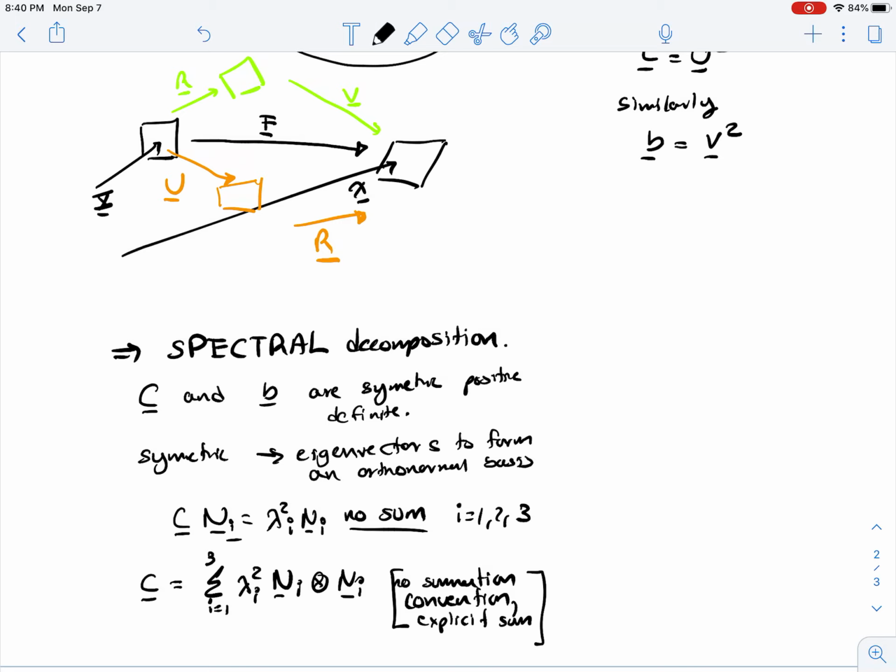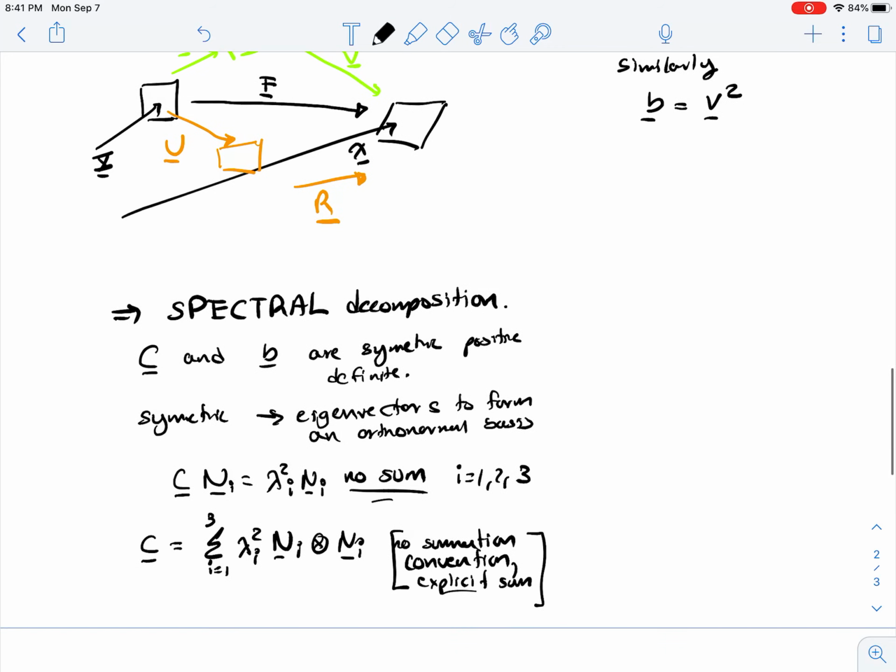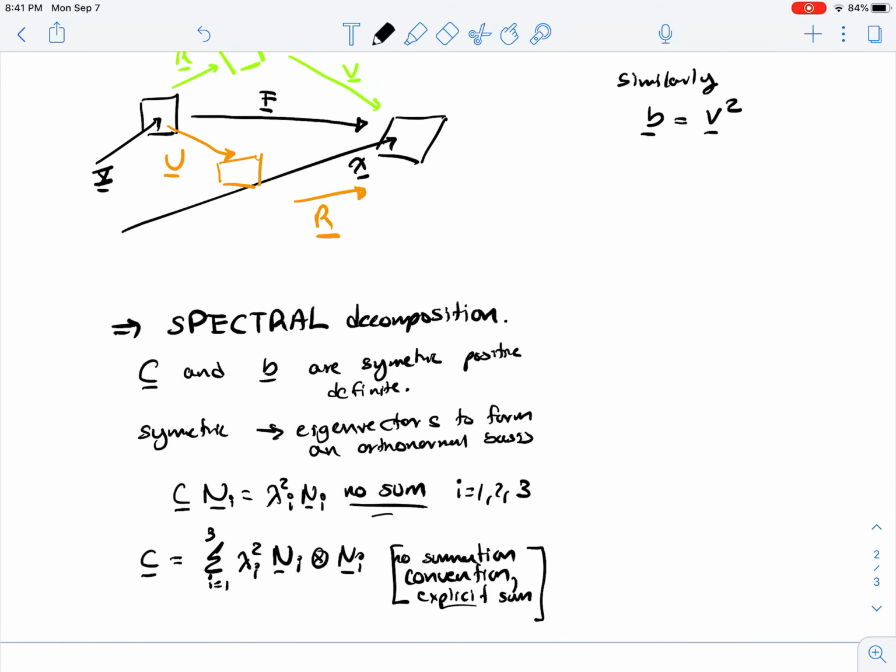The summation convention only works when you have 2 repeated indices. Here it doesn't work because on the left side I have 1 i, but on the right side I have 2 i's. So there's no match between free indices and dummy indices, and I actually have to write the sum.